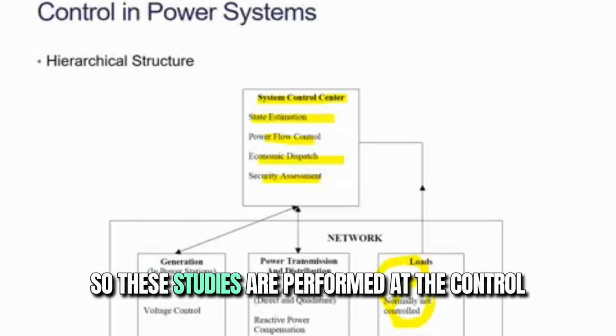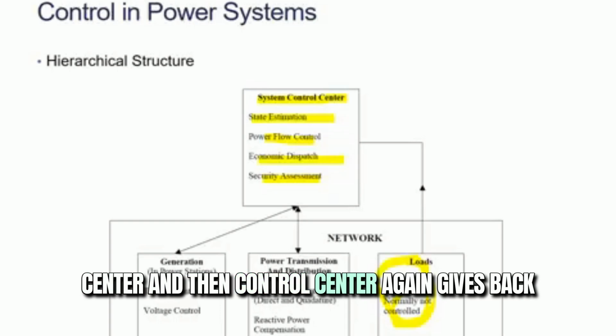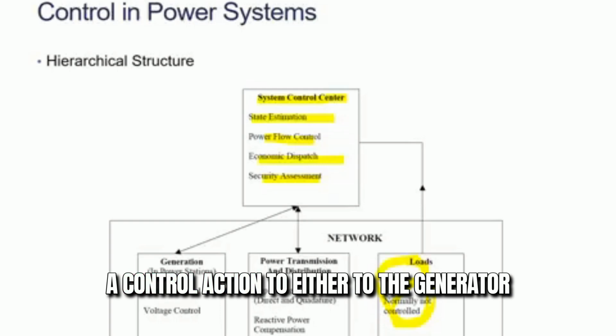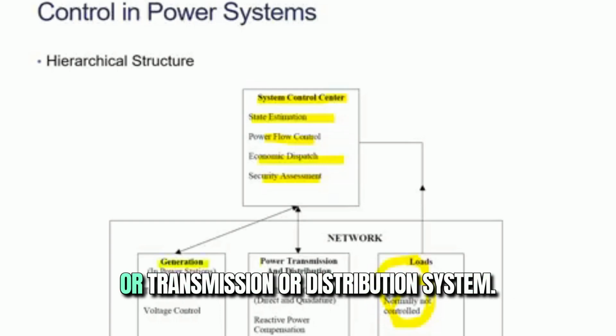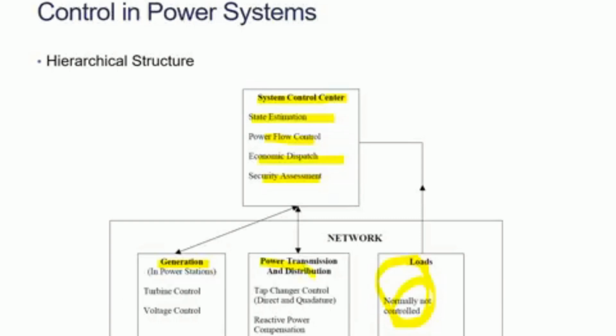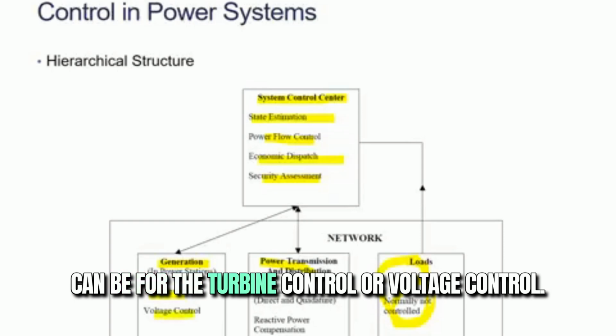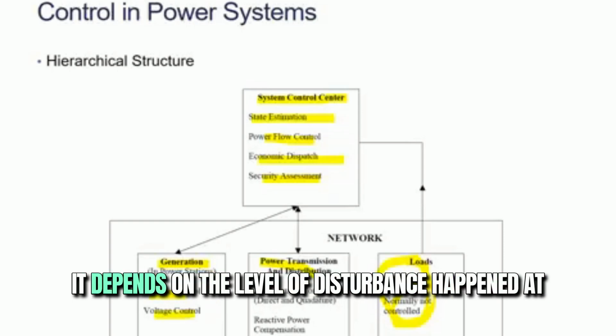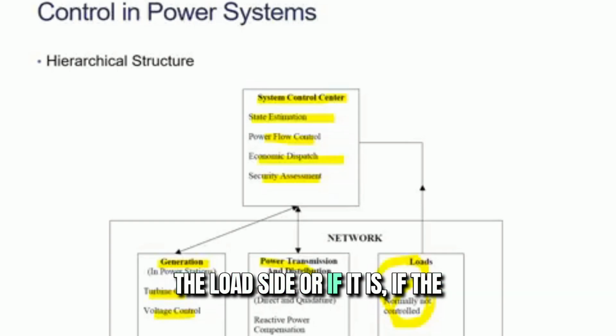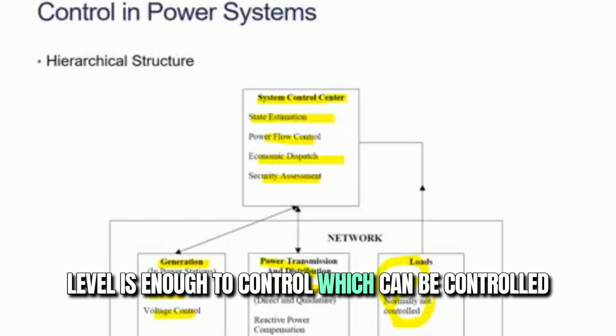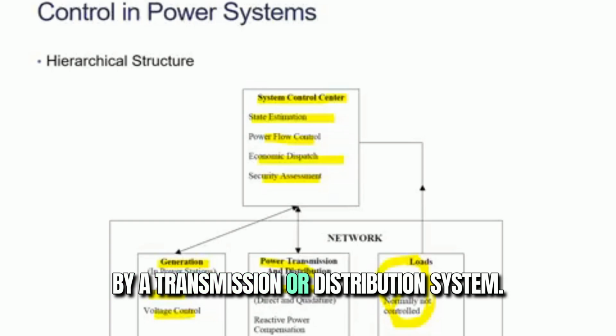So these studies are performed at the control center, and then the control center gives back a control action either to the generator or to the transmission or distribution system. If the signal is going to the generation, it can be for turbine control or voltage control. It depends on the level of disturbance at the load side, and whether the level is such that it can be controlled by the transmission or distribution system.